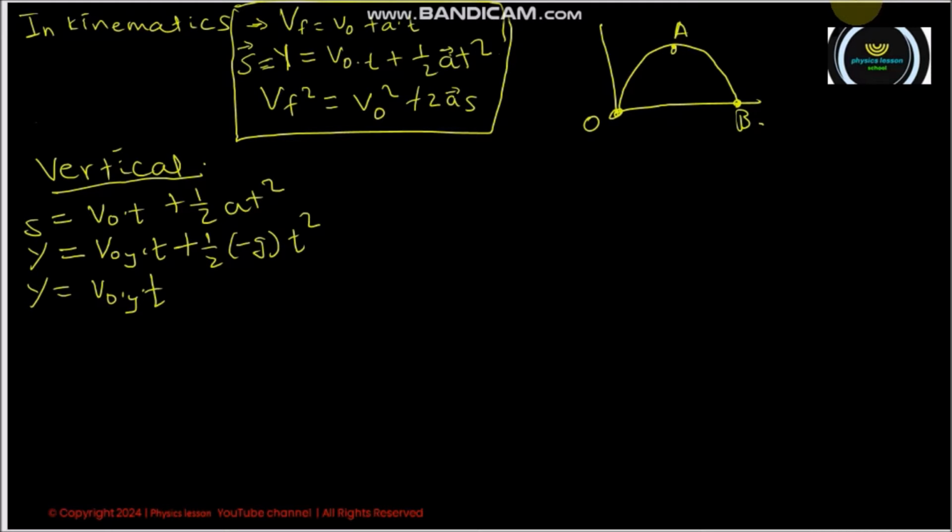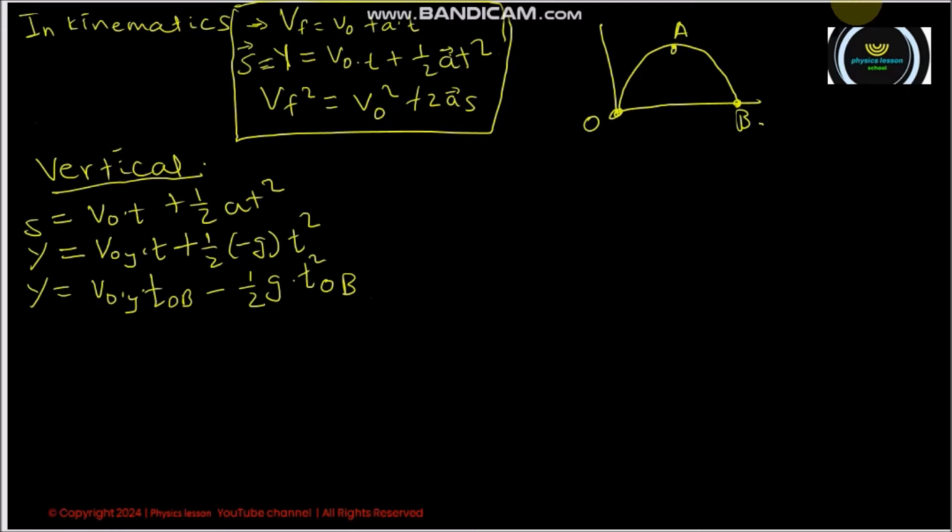We're going to find the total time of flight: v naught y times t OB minus 1 over 2 g times t squared of OB.